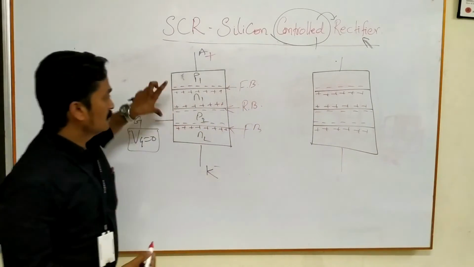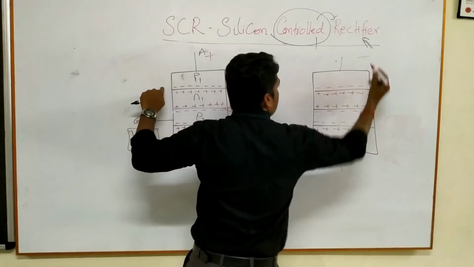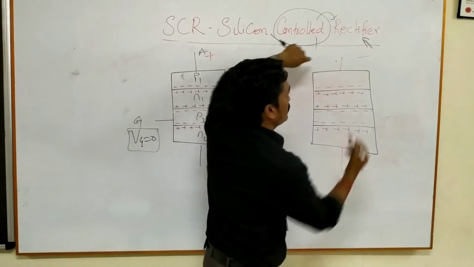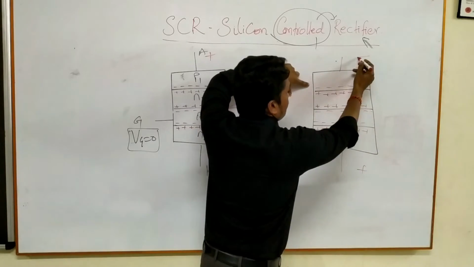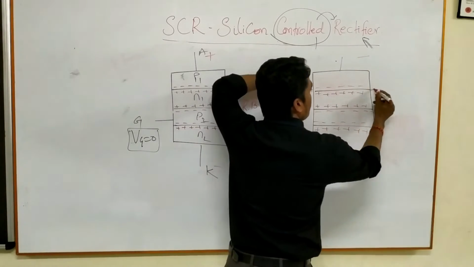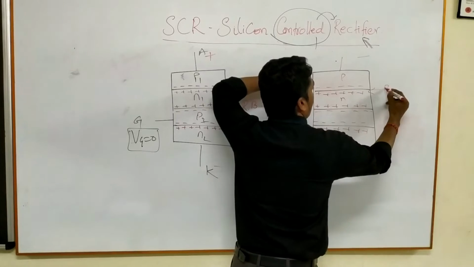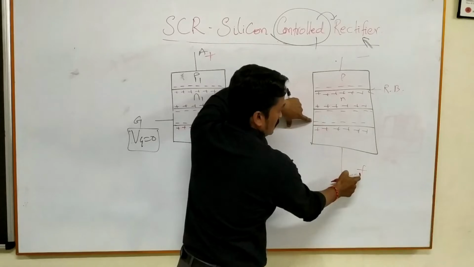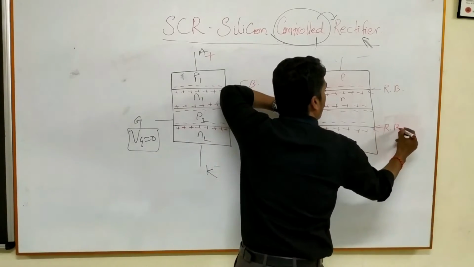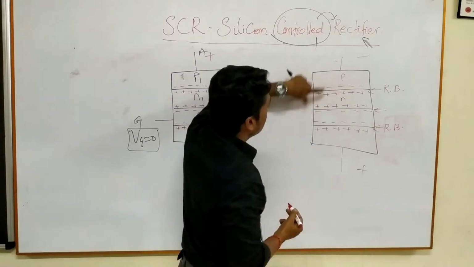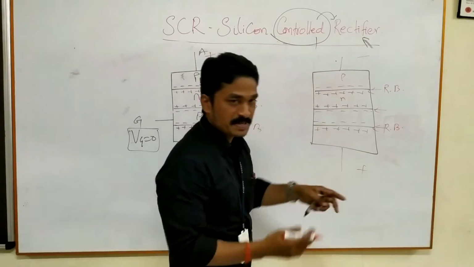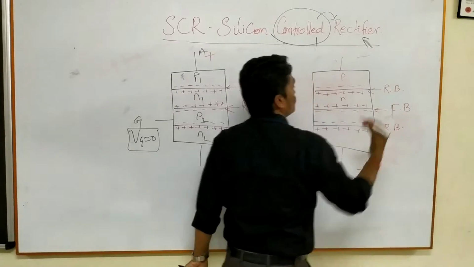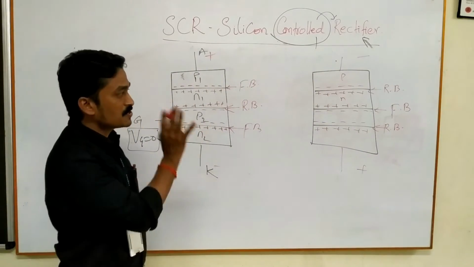Now see the same, if you apply minus this side and plus this side, this junction with respect to this minus and this plus, minus minus same polarity, it is in the PN junction reverse biased. Again here minus to this minus, plus to this plus, again this is reverse biased. Now see here, plus to minus, minus to plus, it means opposite potential barrier. So we can say this is a forward biased junction.